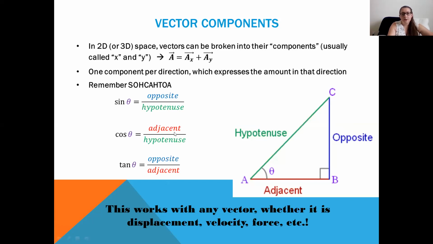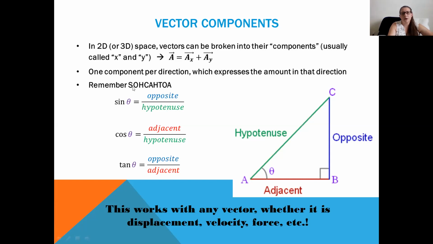So SOHCAHTOA, for those of you who don't know or maybe are a little bit rusty in this, is basically just a way to remember the trig identities for these three trig functions that we'll be using most often: sine, cosine, and tangent.